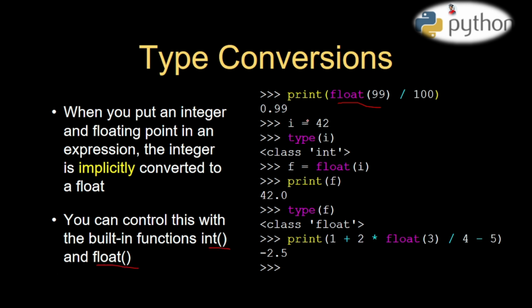Look at this example: print float of 99 over 100. I think the result is 0.99, but this is an integer and this is also an integer, so the result is normally 0. But when we put this type casting or conversion function at the beginning of these two values, the result is converted to float and this value is displayed.